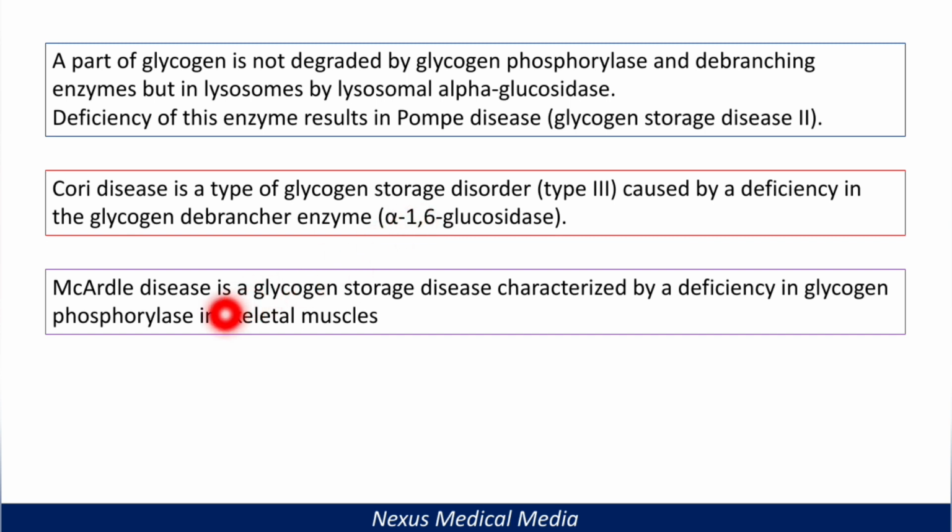Then McArdle's disease is a glycogen storage disease characterized by deficiency in glycogen phosphorylase in skeletal muscles, right? So if you don't have this phosphorylase, the most common sign is hypoglycemia. Here in debranching enzyme, again, is hypoglycemia, right? But we'll talk about this later in glycogen storage diseases.